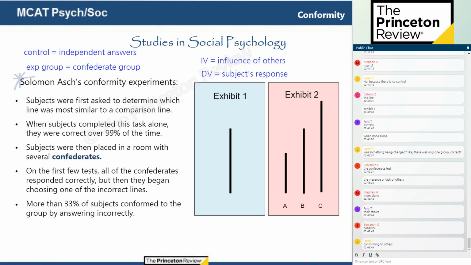Okay. So the point of the study would be that we will conform under certain conditions, we will conform to other people's behavior.